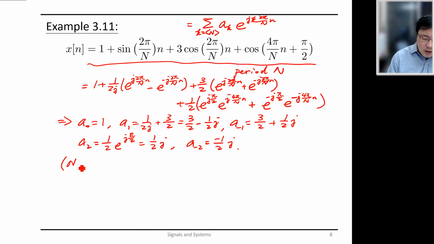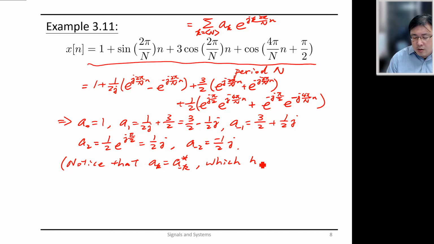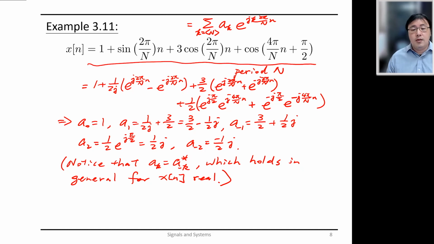So notice that a_k is equal to a_(-k) complex conjugate. And when does this hold? You can show that, similar to the continuous time case, this holds in general when your signal x[n] is real.